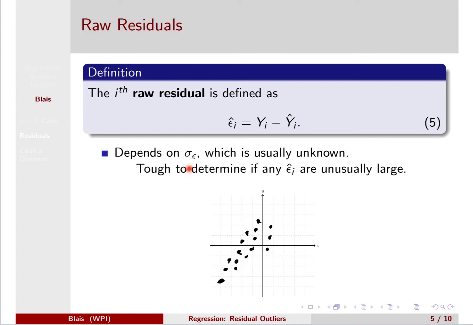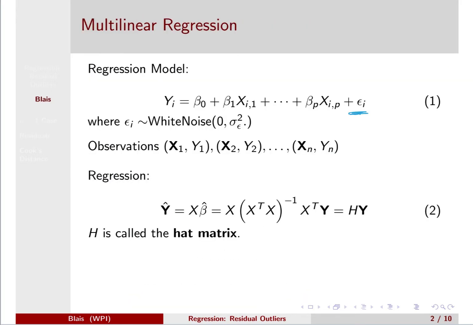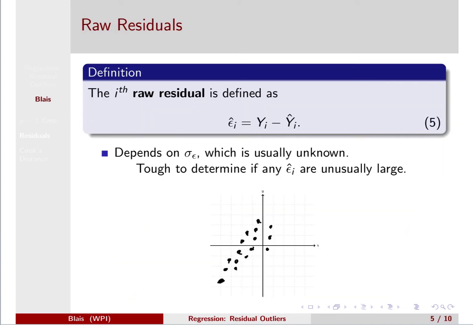But one issue is we assume that those epsilon i's are white noise, mean zero, and some variance sigma epsilon squared, but that is unknown. Typically, we do not know this a priori. We are also estimating it. So since we don't know that sigma epsilon, that can make it a little bit trickier to know if one of these raw residuals is large.